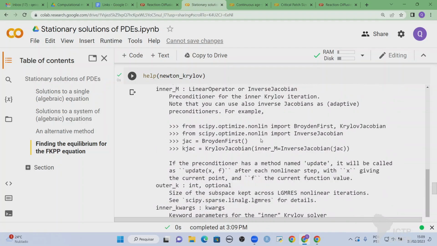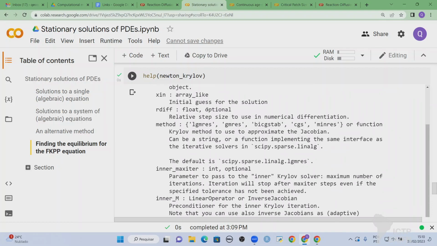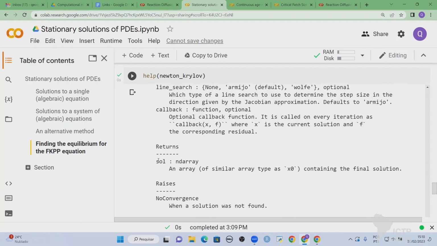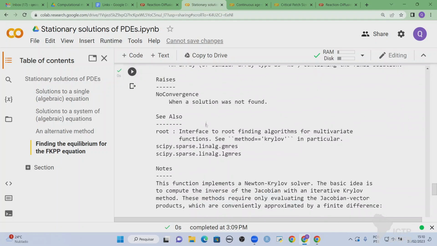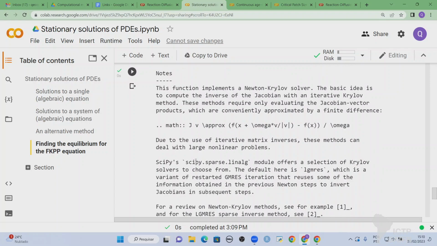You see that there's a lot of detail, okay? It tells me what it does, the kind of method, for which kind of problem this method is nice, and so on. It describes each of the parameters, even the optional arguments. There's a lot of detail: what object it returns, when it raises an error, other related functions, notes about the mathematical problem.